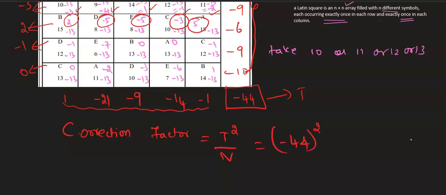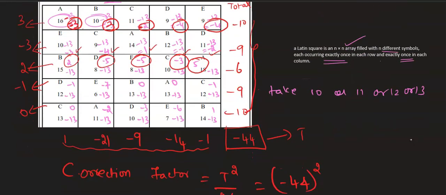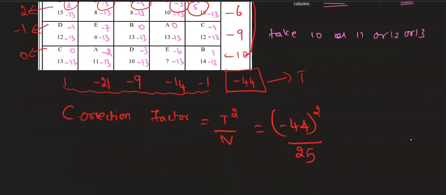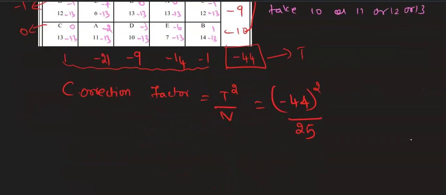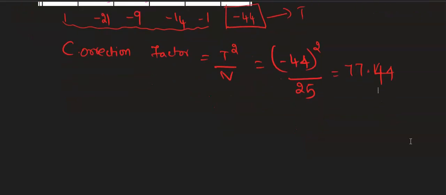Minus 44 square by, how many values are there? 25, because it's a 5 cross 5 matrix. If you see 5 rows and 5 columns, automatically you will get 25, and this answer is supposed to be 77.44. So same way you are going to find SSC, SSR and all those things.